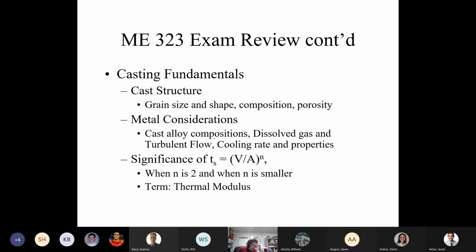We're interested in the alloy composition, and this is going to be of both cast and wrought alloys. And so I might need to highlight this when we get to the wrought section.